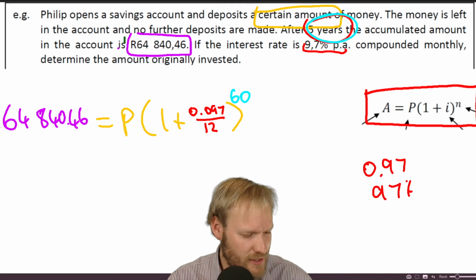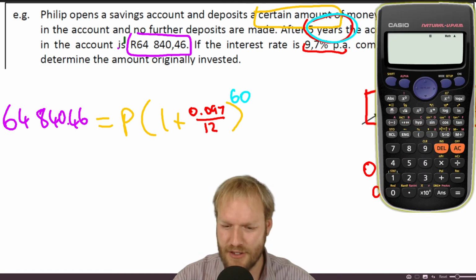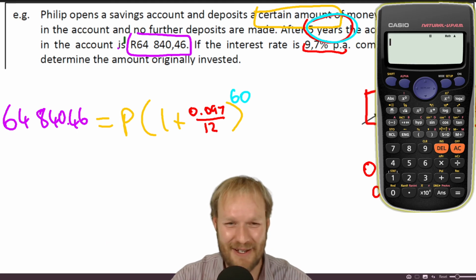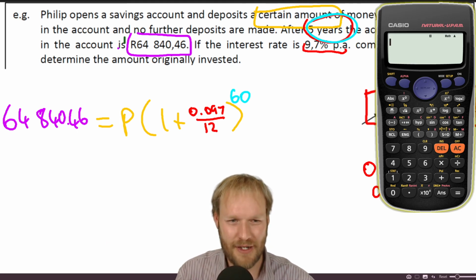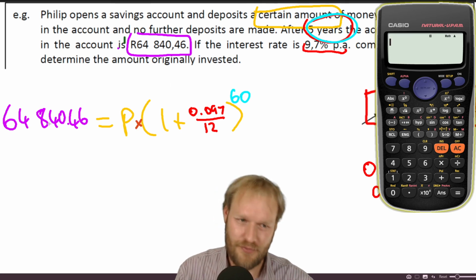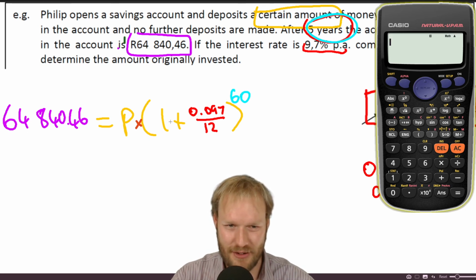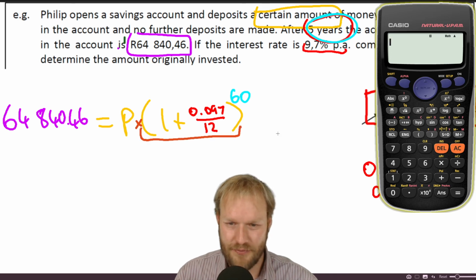Somewhere over here, I've got my calculator. And I need to solve this equation. Now what I need to do is, we've got P times this is equal to that. So all we need to do is take this amount and divide it by this amount.